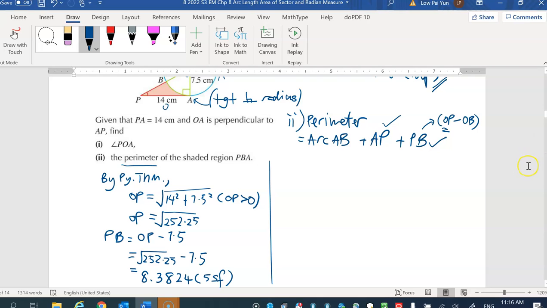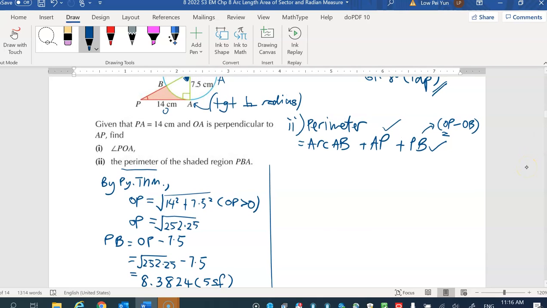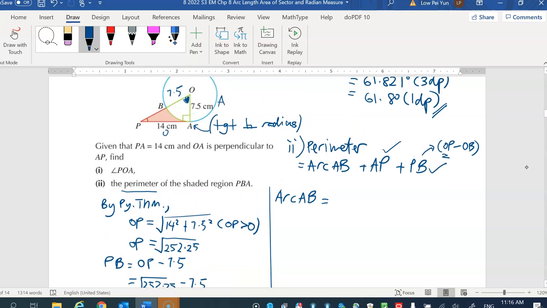So like what we have discussed earlier, in order to find the length of arc AB, since it is part of the circle and the arc is formed by this angle over here, 61.821 out of the entire circle of 360 degrees, I'm gonna multiply by my circumference, a part of the circle of circumference, 2 pi r, which is 7.5.